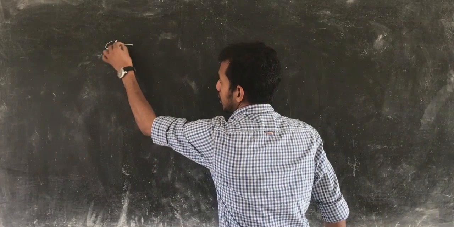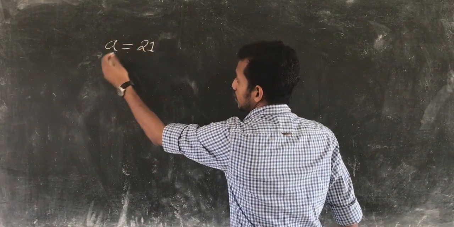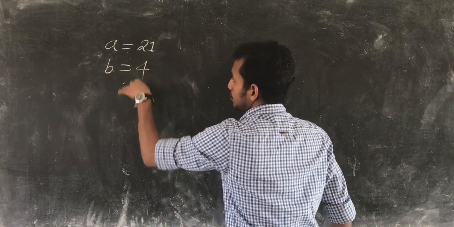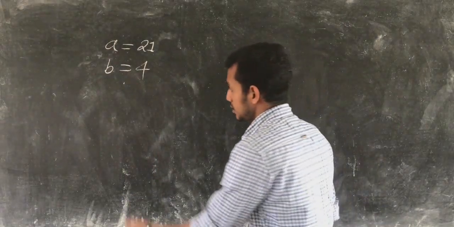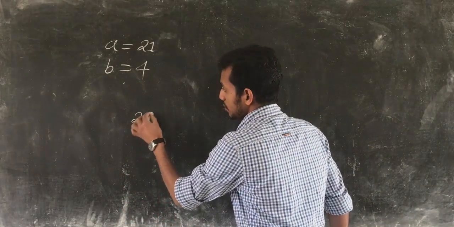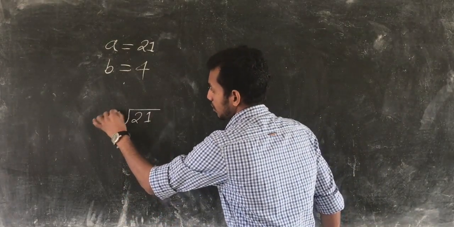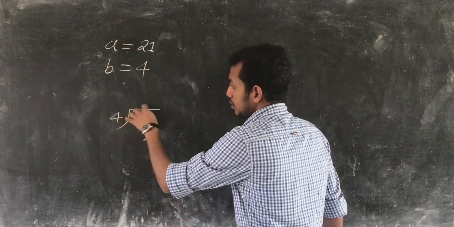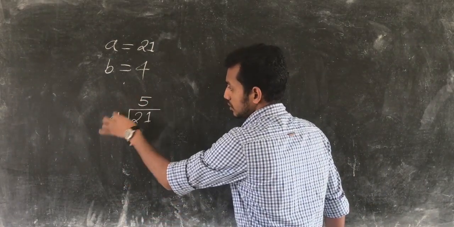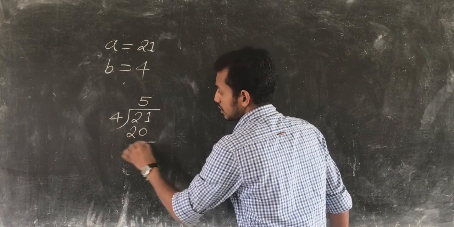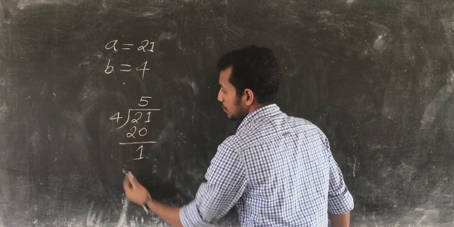Let a equal to 21 and b equal to 4. Divide it: 21 divided by 4 gives 5, which is 20, and the remainder is 1.